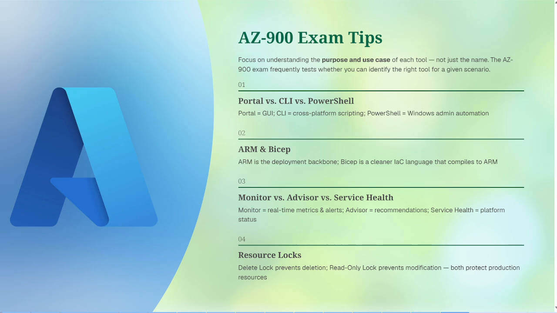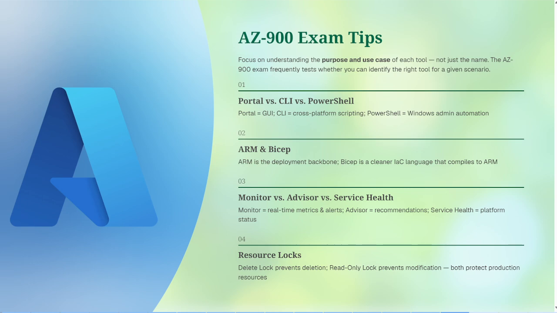ARM and Bicep. Azure Resource Manager is the deployment and management backbone of Azure. Every Azure deployment request passes through ARM, whether you use Portal, CLI, PowerShell, Terraform, ARM templates, or Bicep.